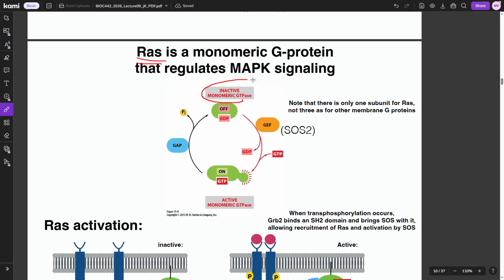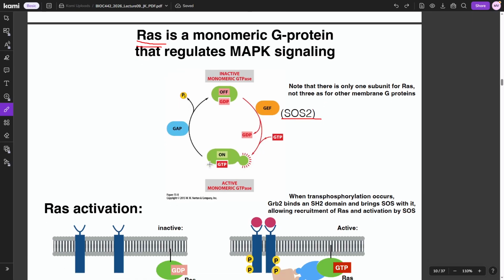So we have an inactive monomeric GTPase. You use a GEF called SOS, which attaches a GTP, which activates the RAS. And then when you want to deactivate the RAS, you use a GAP. Cool. Some stuff you've pretty much already seen before with these GEFs and GAPs, right?